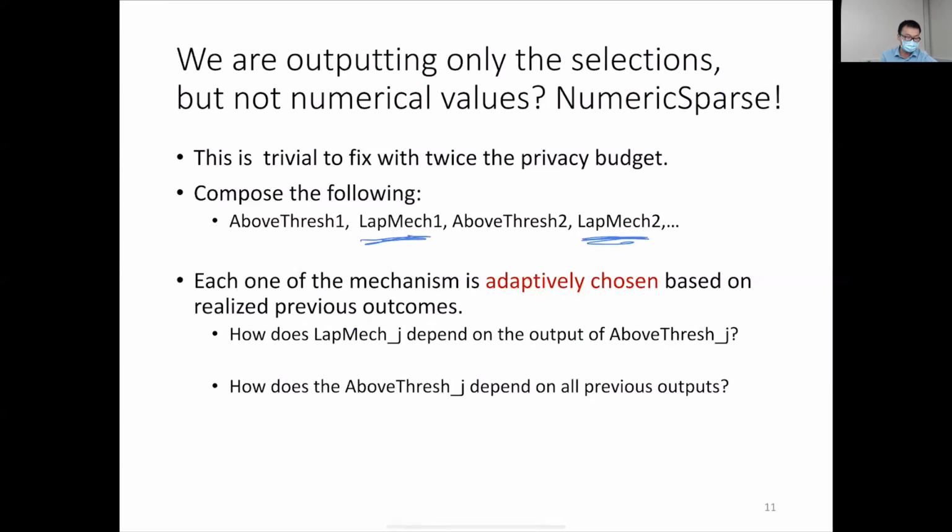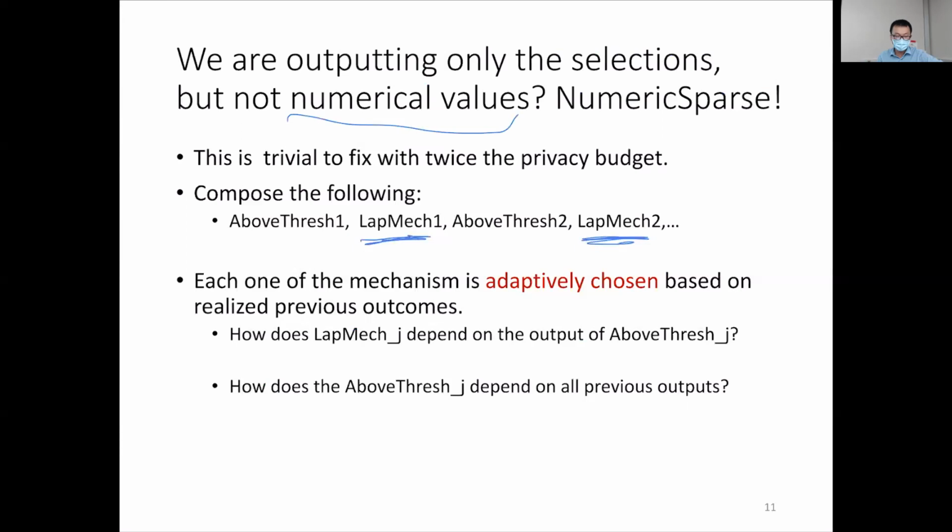After running above threshold, it gives me a discovery, and for that discovery I run the Laplace mechanism to release the value of the selected query, and then I continue with the sparse vector. This is a composition of 2C mechanisms rather than C mechanisms. So by doubling my privacy budget, or doubling the size of my noise on each one of them, I'm able to also output the numerical values for those interesting ones.